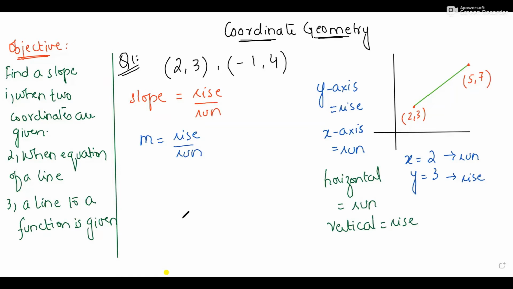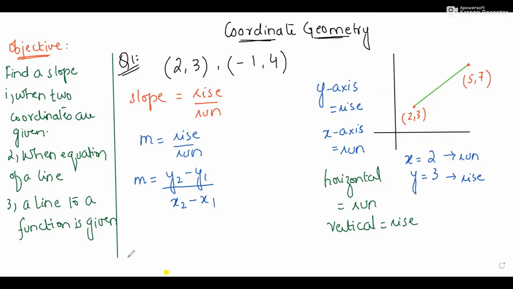If you have been provided with two different coordinates, the formula for finding out the slope is y2 minus y1, that is the difference between the values of y, upon the difference between the values of x, that is run, x2 minus x1.